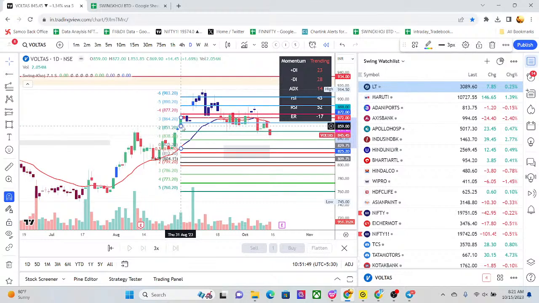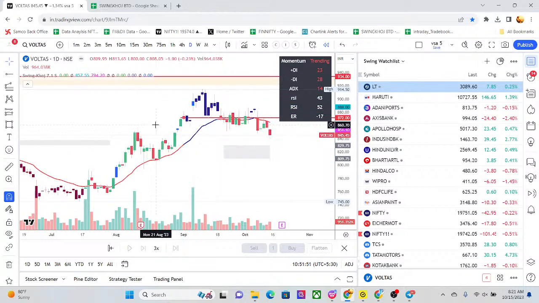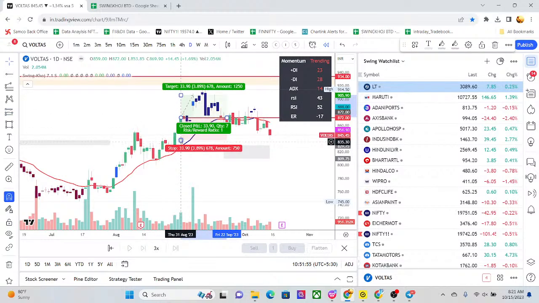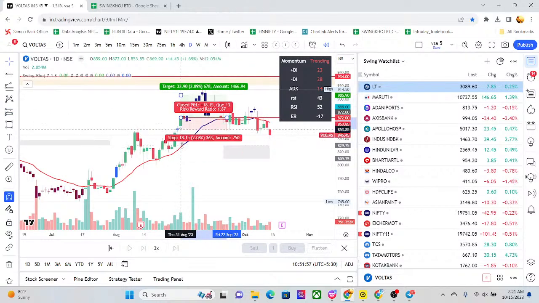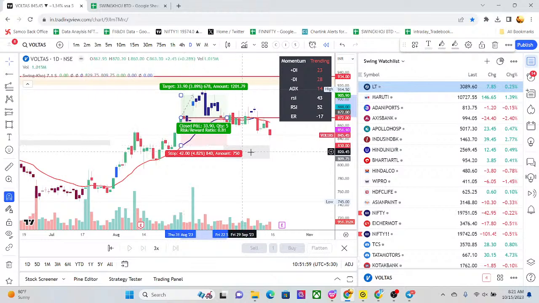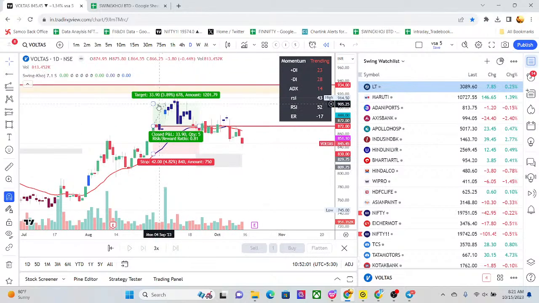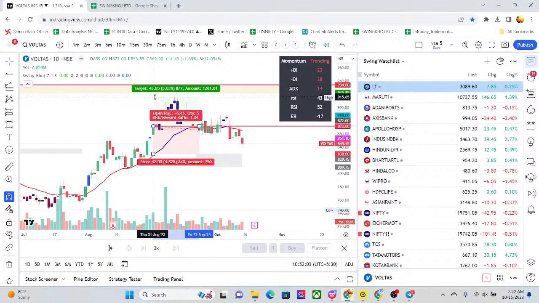Okay, let's do the other way. Stop loss is here, 20 MA. We'll go at least 1:1, because 1:2 will be out of our range.